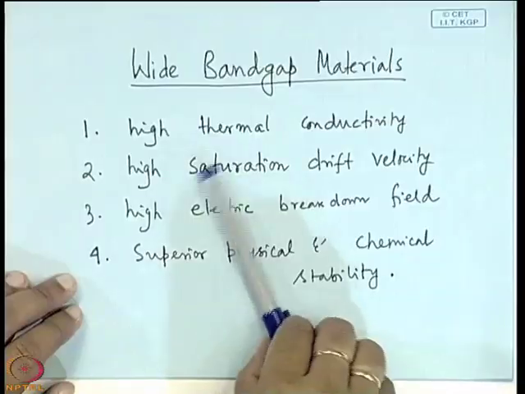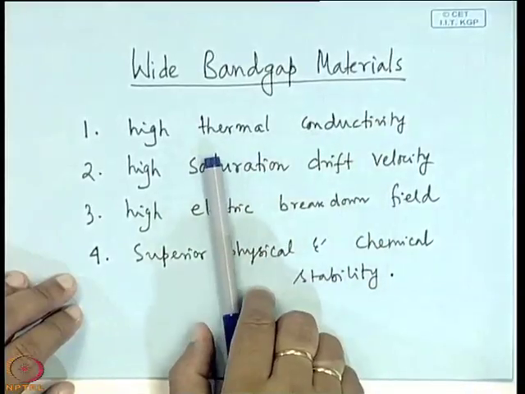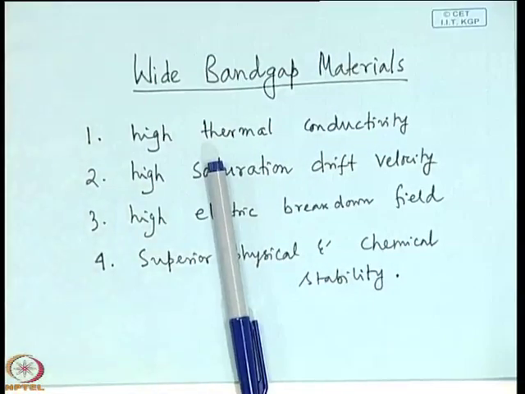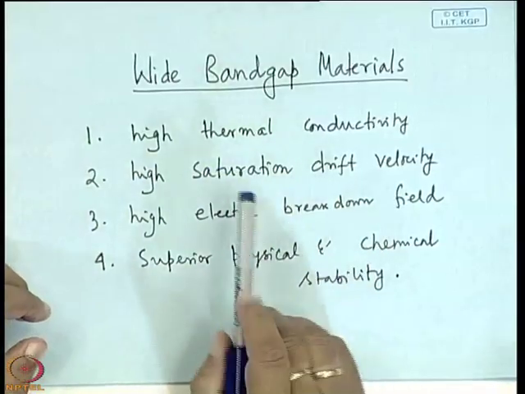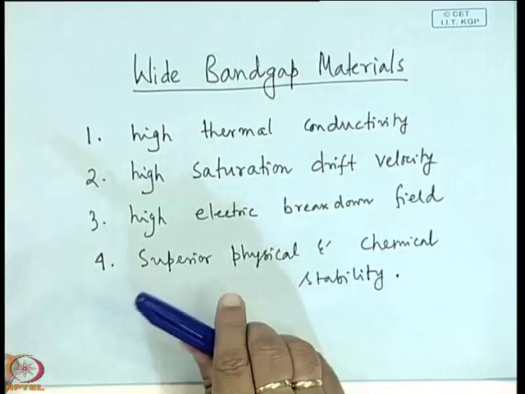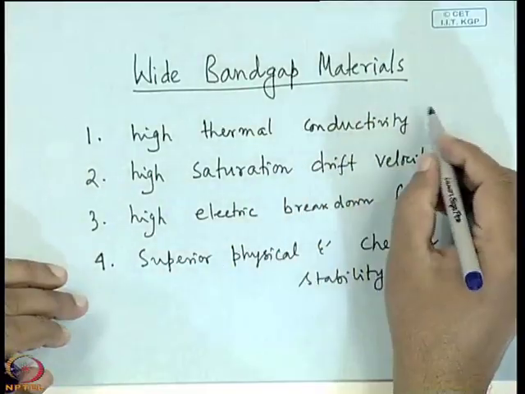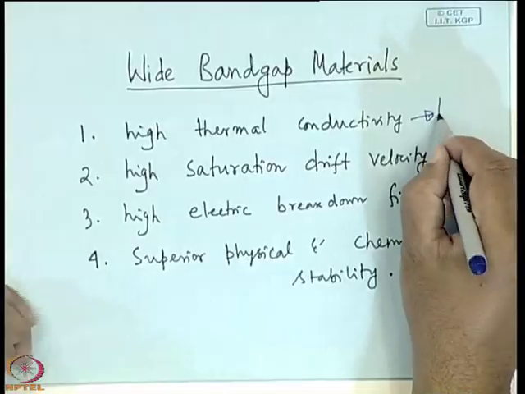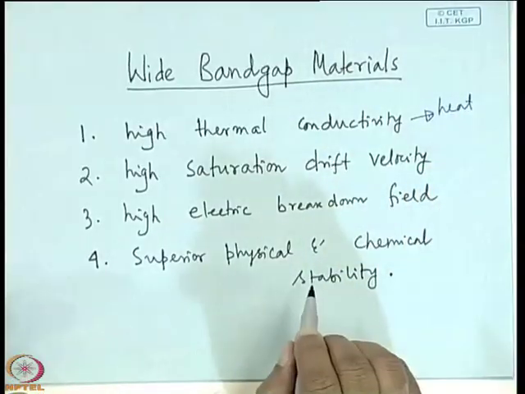But since their thermal conductivity is very high, they dissipate the heat very easily without taking help of other kinds of heat sink. Or if you can use a heat sink, then it will be another type of advantage. But you see that this high thermal conductivity makes it the most important heat resistant device.